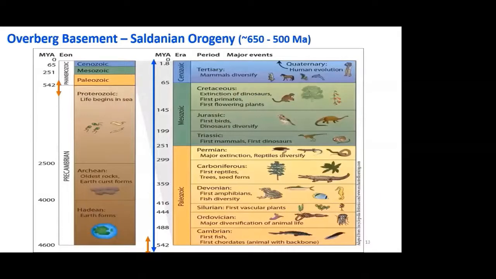Just to give some idea of the ages that we're looking at, this is the formation of the Earth about 4.6 billion years ago. During the Precambrian, we start off life, the oldest evidence of life is somewhere around here. The Barberton Mountain rocks that we were talking about were also deposited in about this area, about 3.5 to 3.2 billion years ago.